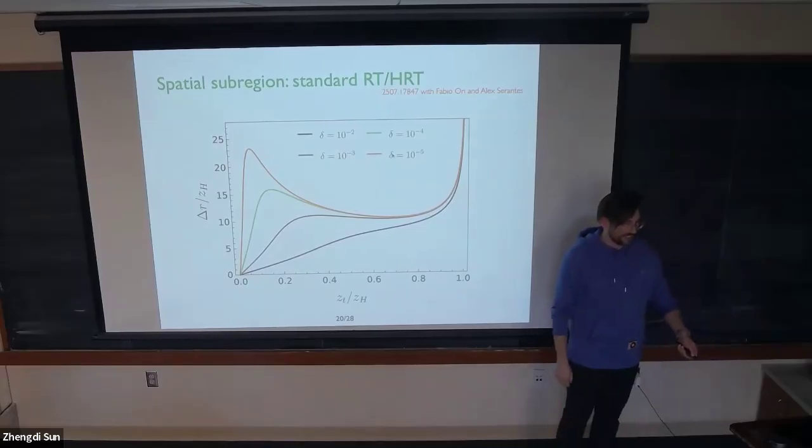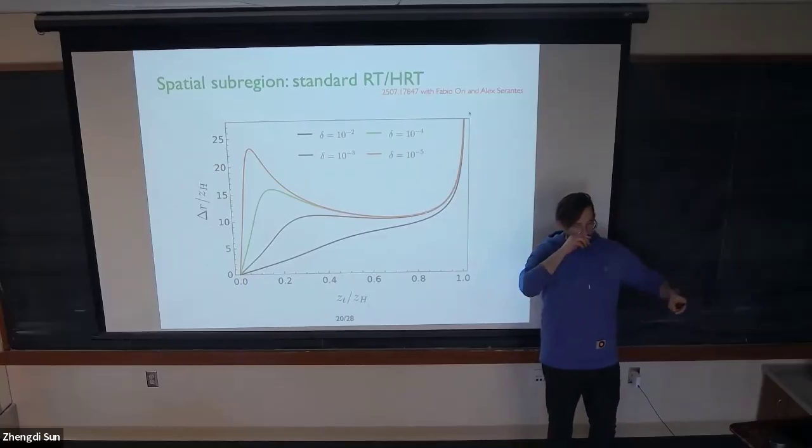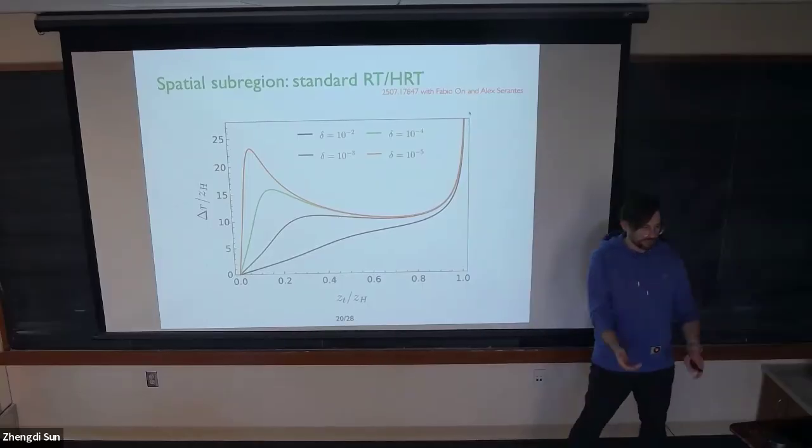And what you see here is that when we are close to the light cone, but not too close, for a given separation of the boundary, there is only one solution for the position of the tip, right? So we are close to the light cone, we increase separation, and what the tip does is to move closer and closer to the black hole horizon. So it's something very standard.